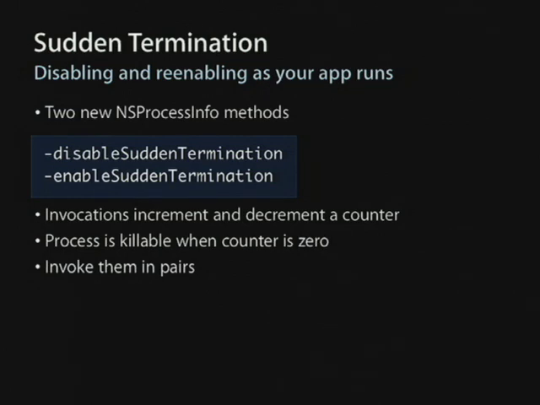In Snow Leopard, that means loginwindow at logout time, but you're really not supposed to make assumptions about what might be killing your application or when. You've said it's clean, it's killable, and you can't complain if something kills it. So it's a lot like reference counting, actually. Disabling increments something and enabling decrements something.